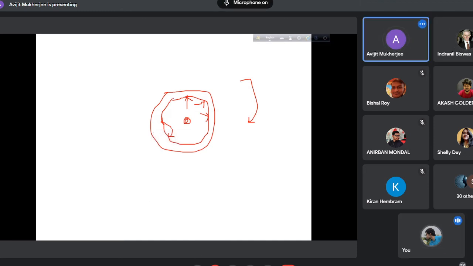This is a cylindrical casting, centrifugal casting, and when the cylinder is rotated by motor, this will have a rotary motion, and molten metal is poured here, and molten metal will be forced by centrifugal force of attraction to be deposited in the outer periphery here.